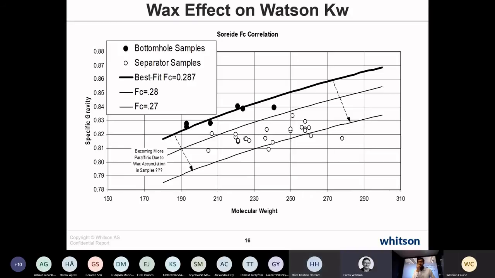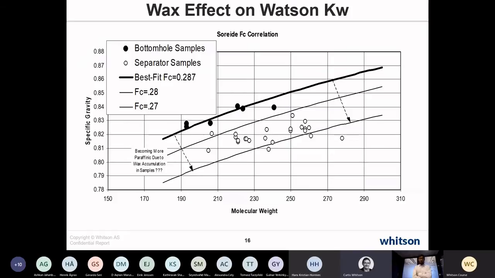Yeah, I think that's a good practice, but the problem is still that in the field, we actually see, and this is one of the cases we've seen, that it appears there's wax precipitation going on in the field, in the separator. And when you collect the sample at the separator, you're getting excess wax.